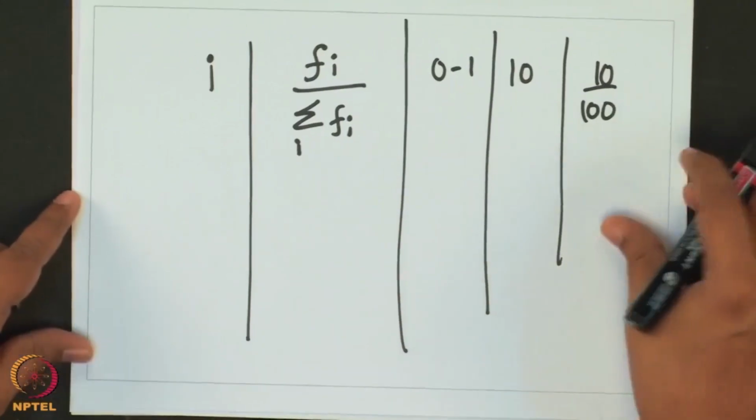So let us take an example to do this. Let us consider 100 individuals, and we measured the vitamin D level for these 100 individuals, and we got some value. Okay, so let us take an example of a medical measurement, let us say vitamin D level.